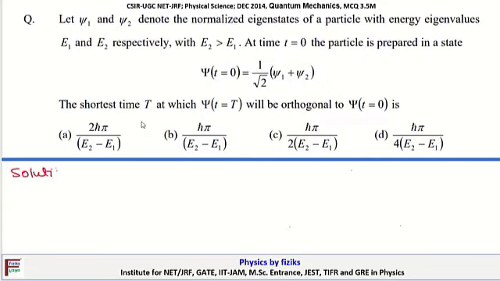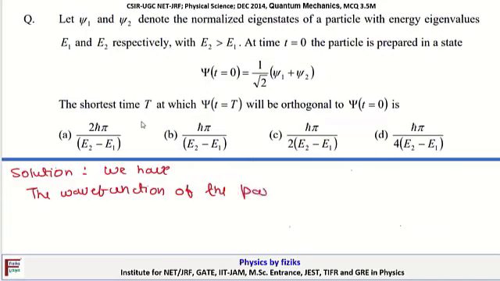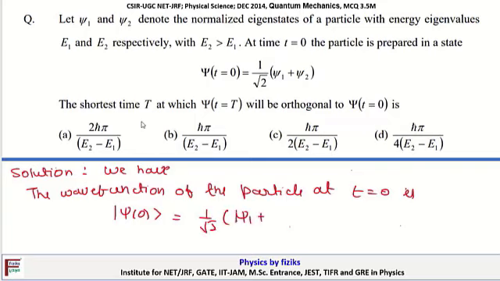Solution. We have the wave function of the particle at t equals 0 is psi 0 equals 1 by root 2 (psi 1 plus psi 2).